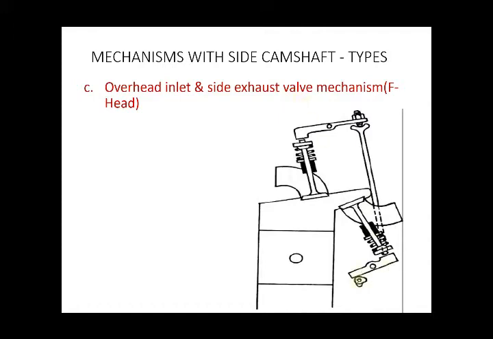So there is a cam here which is mounted on the camshaft. When the cam rotates, it is in contact with the rocker arm. This is the rocker arm in this engine, and it is pivoted to the rocker shaft. When the cam is contacting at this surface, it will lift the rocker arm, and in turn this portion is pushed upwards and this portion of the rocker arm is pushed downwards, since it is a lever.